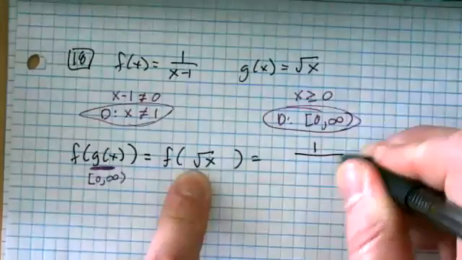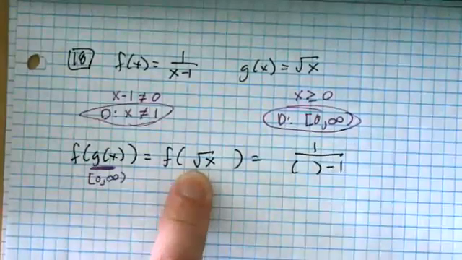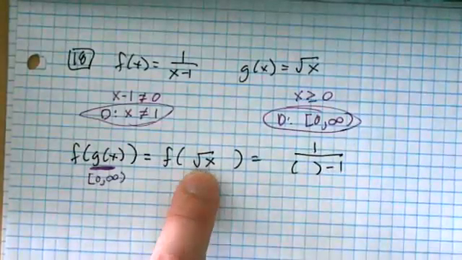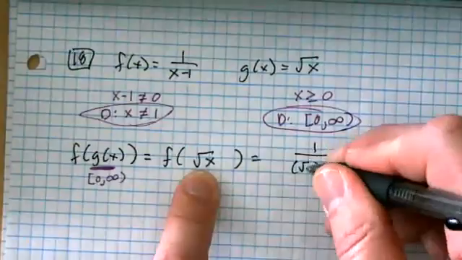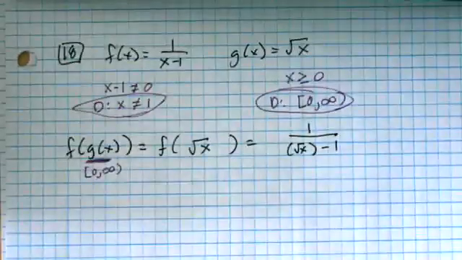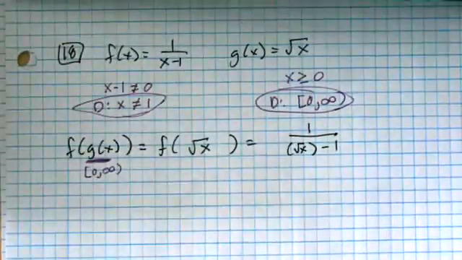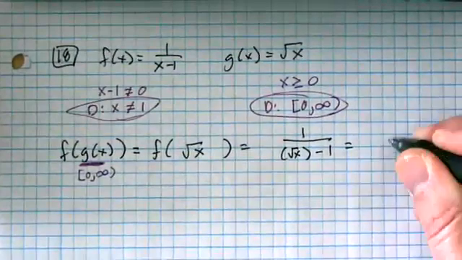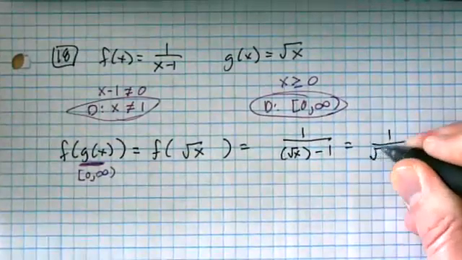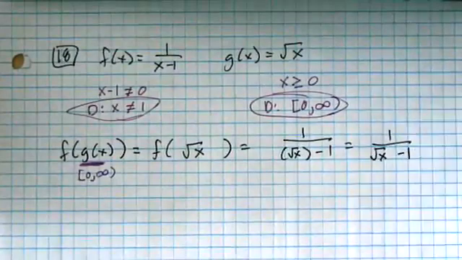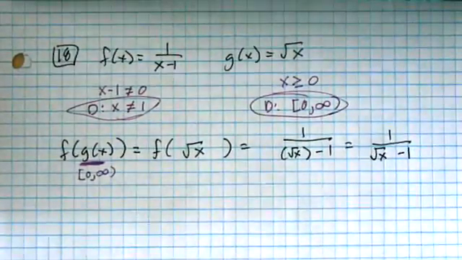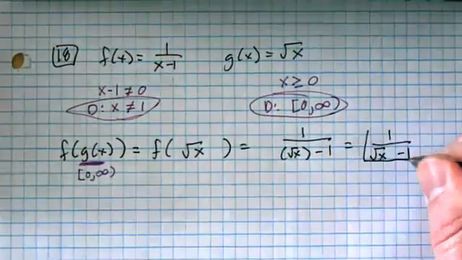That was 1 over x minus 1, but it's no longer an x. We'll replace it with square root of x. Clean that up. It doesn't really need the parentheses. It's 1 over the square root of x and then minus 1. And that's f of g of x.